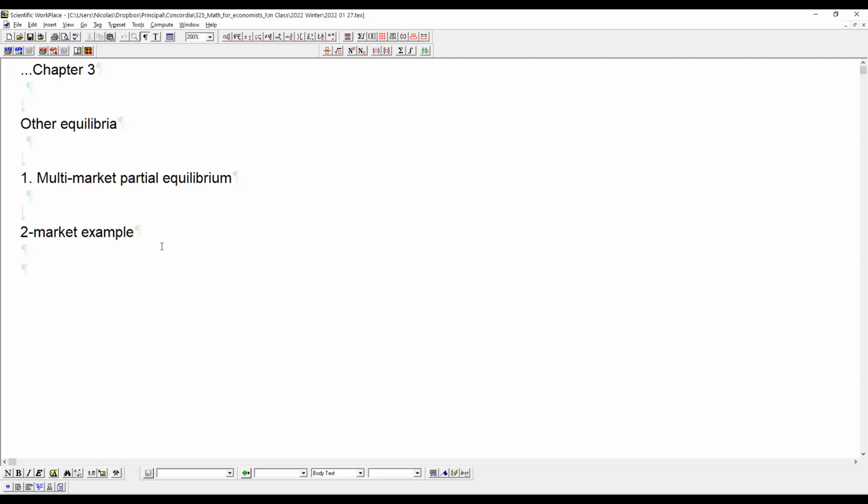So how do we show this? Well, you just describe the demand and supply on all markets, or both markets, I would say, as functions of all prices.